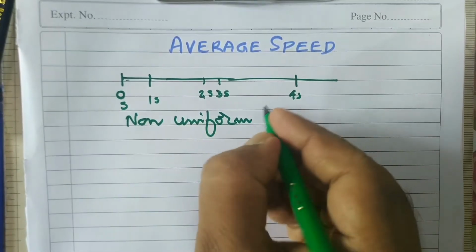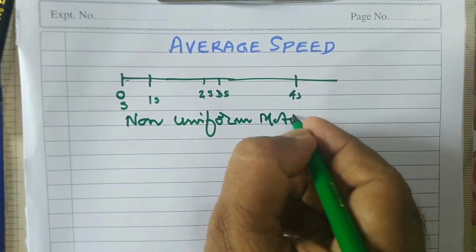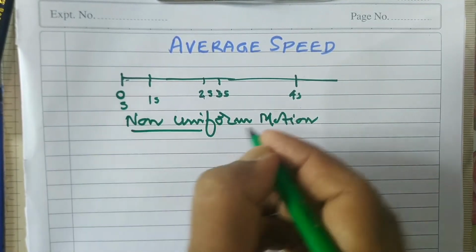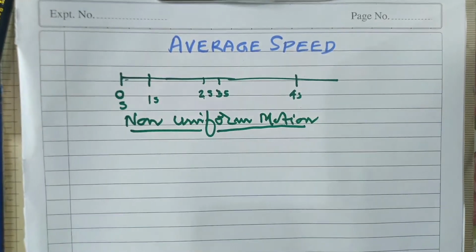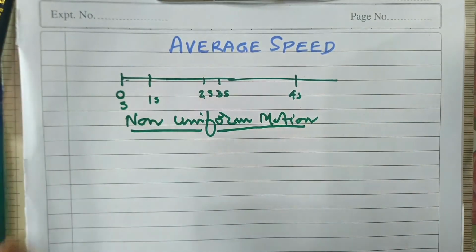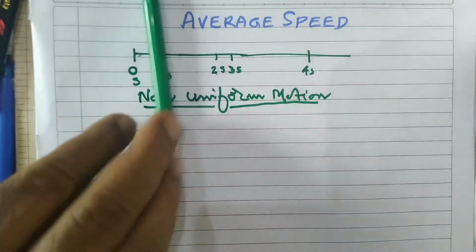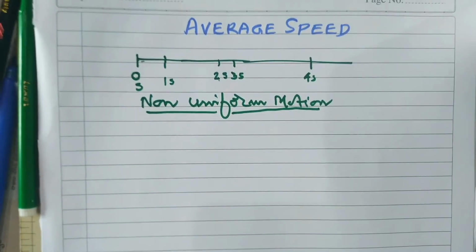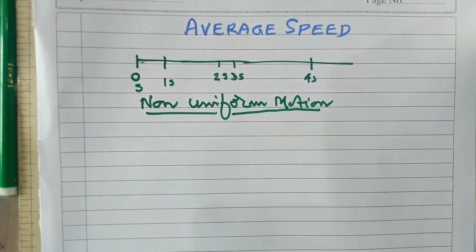Whenever non-uniform motion is there, we talk about average speed. Why? I'll tell you. For example, you are traveling in a city bus. Whenever you are getting into the bus, it is 0 kilometer per hour. After some time, it picks up speed, goes to 10 kilometer per hour, then 20 kilometer per hour.